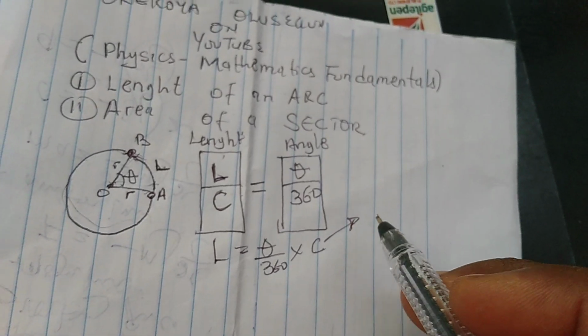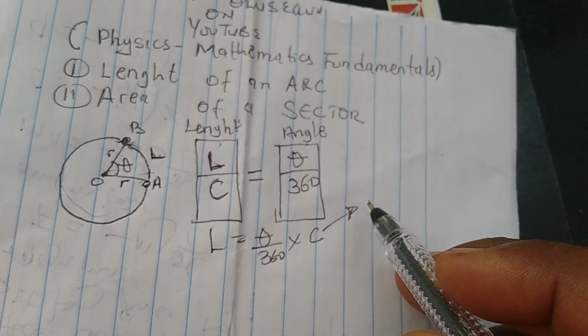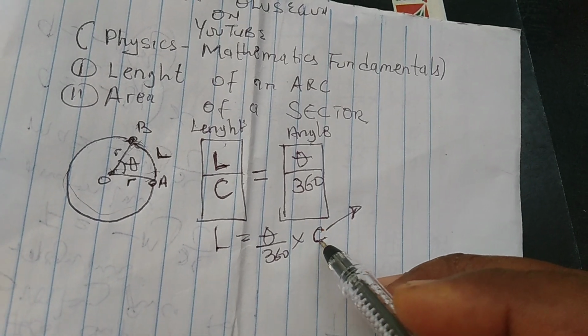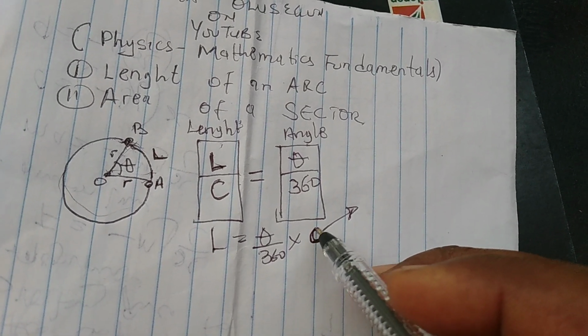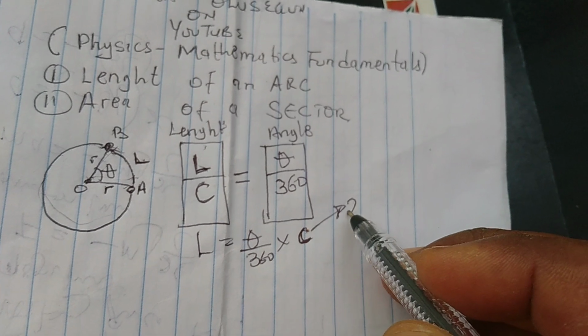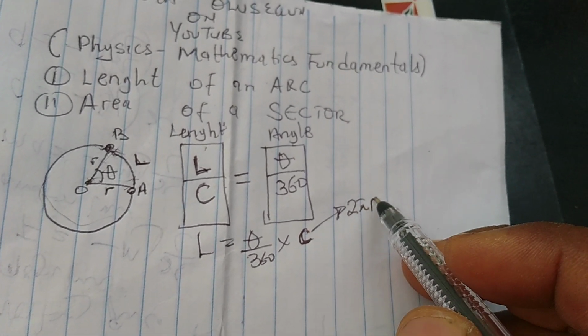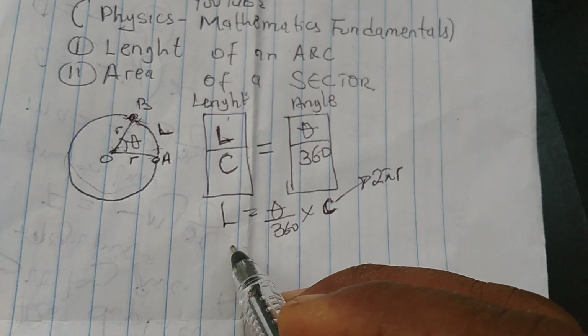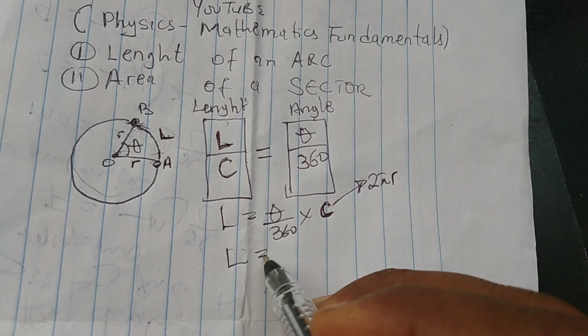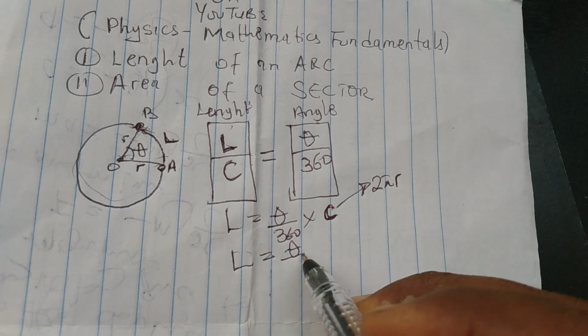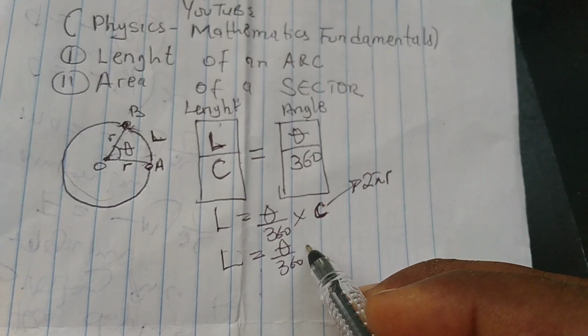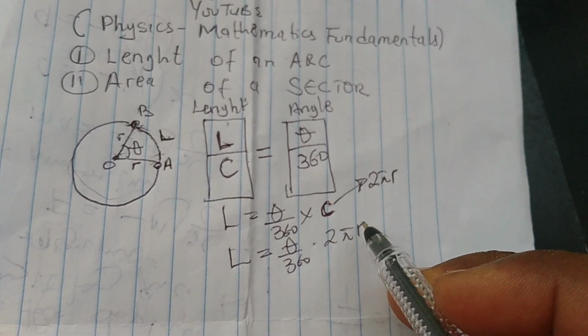In my other YouTube video, I derived the formula for circumference using calculus, and what we have is 2 pi r, that is 2 times pi times the radius of the circle. So in a nutshell, the length of an arc is theta divided by 360 times 2 pi r.